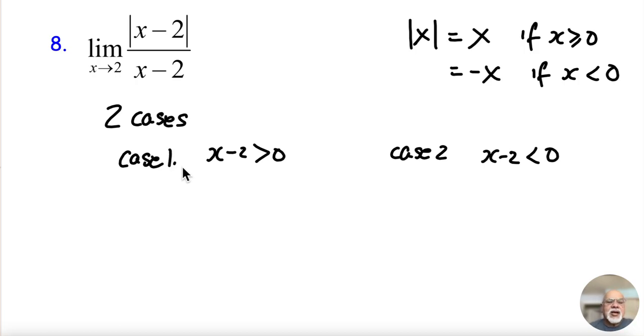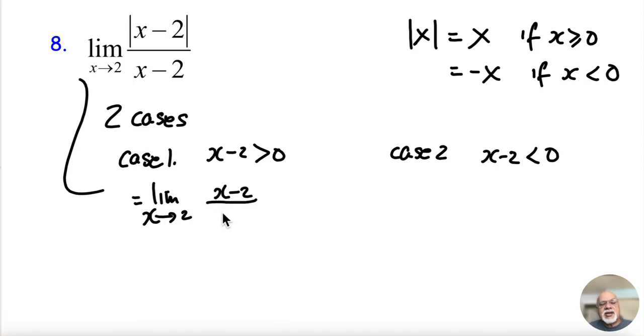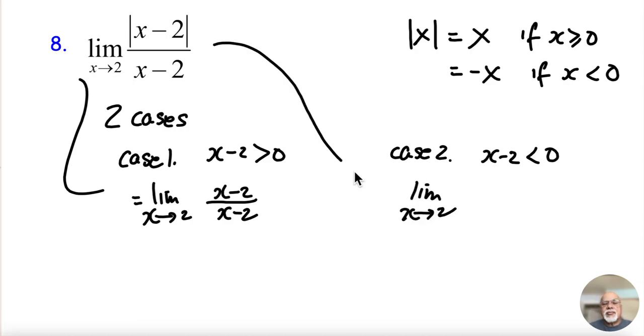Now, if x minus 2 is greater than 0, then the absolute value signs don't do anything. And so this limit ends up being the limit as x goes to 2 of x minus 2 divided by x minus 2. And in the second case, if x minus 2 is less than 0, then this limit becomes the limit as x approaches 2, and you notice here it said the absolute value of x is negative of x if x is less than 0.